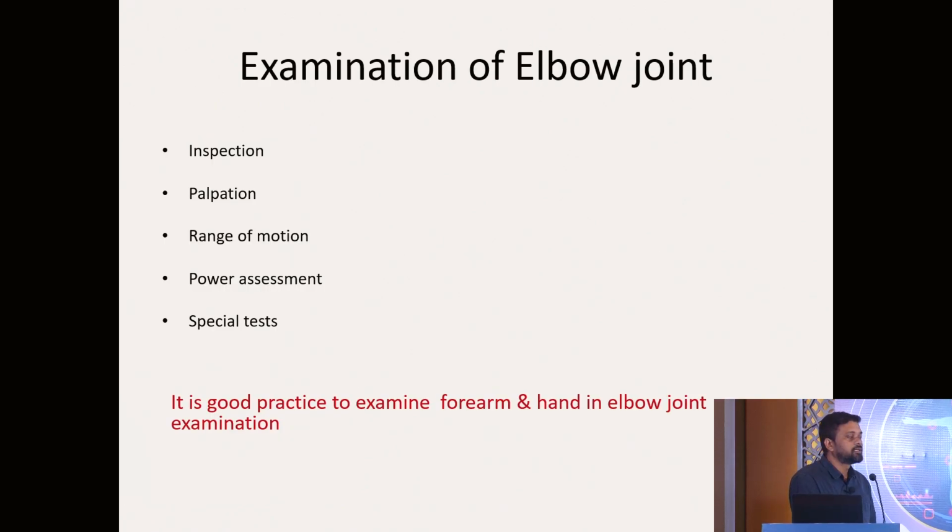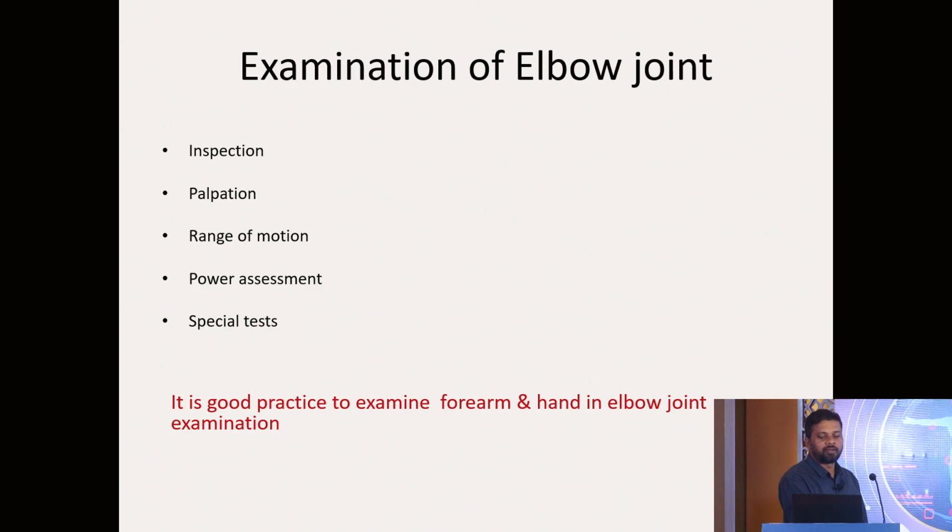Then like ankle joint examination, the elbow joint examination also comprises inspection, palpation, range of motion, power assessment and some special tests. It is actually a good practice to always examine the hand and forearm.